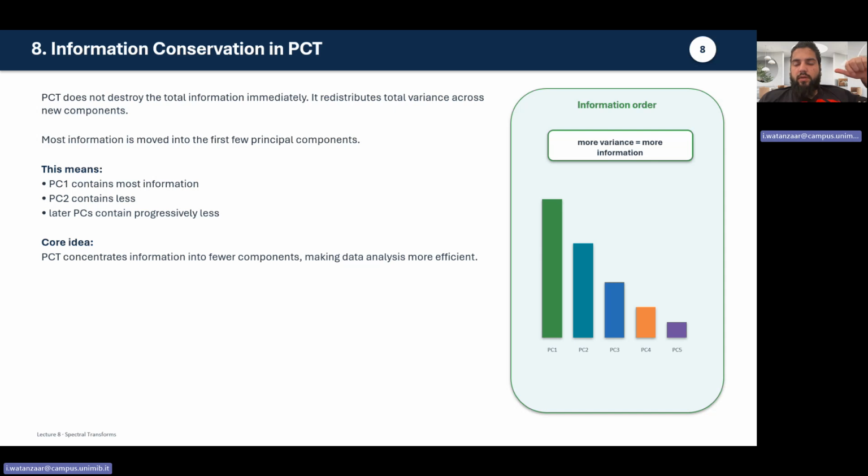So the principal component concentrates the information into fewer components because it makes analysis more efficient. The reason is that each component is unique or uncorrelated. The information is new. So dealing with new information is better than the redundant, which would waste computation and storage.